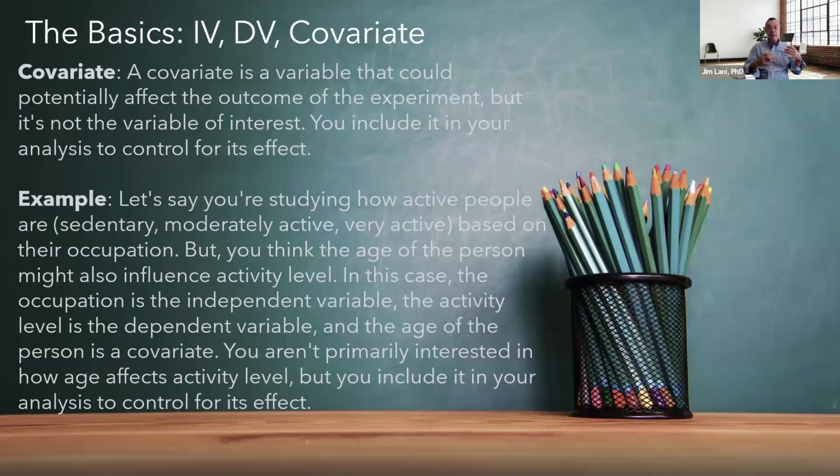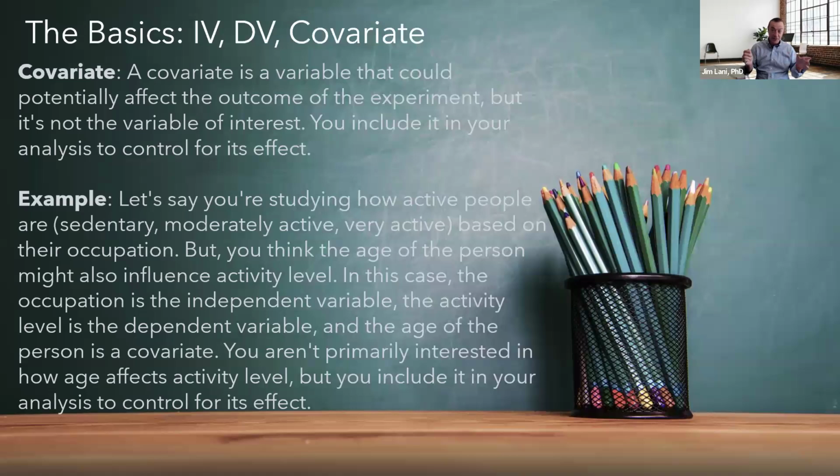I have my independent variable, gender, but I notice in the women's group, they're all very young, and in the men's group, they're all very old. So I'm saying, wait a second, maybe the run times are not based on gender, but on age. So I may want to control for or use age as a covariate. So covariates neutralize the effect.